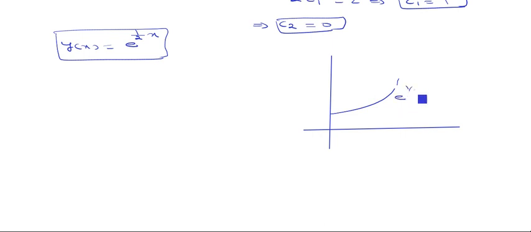This is e power 1 by 2x, and when x is equal to 0, y will be equal to 1. So this is our y.